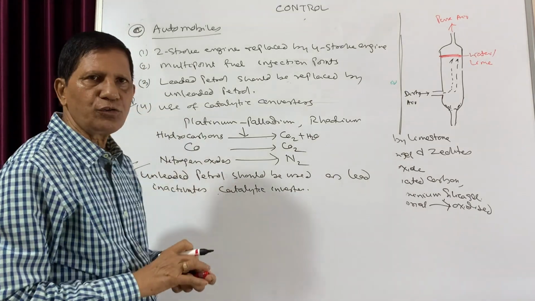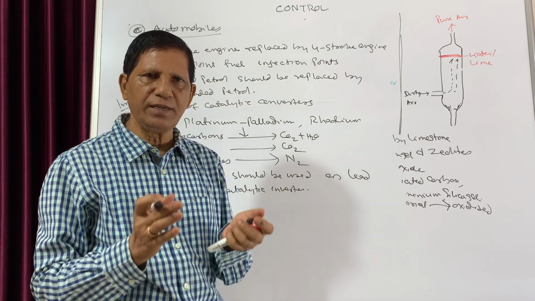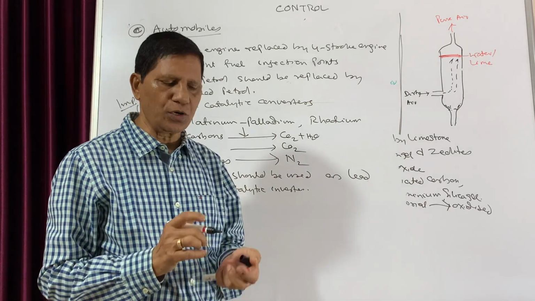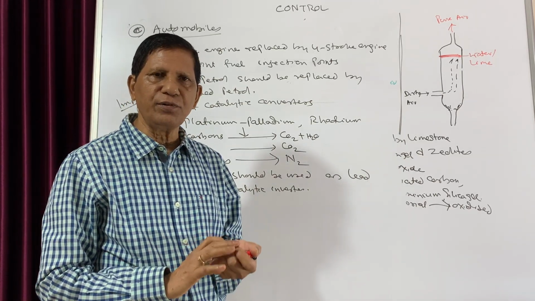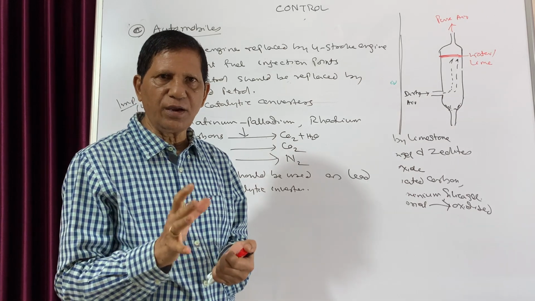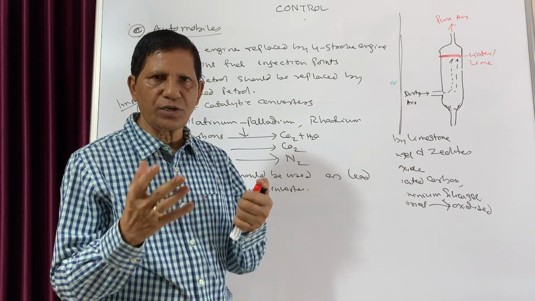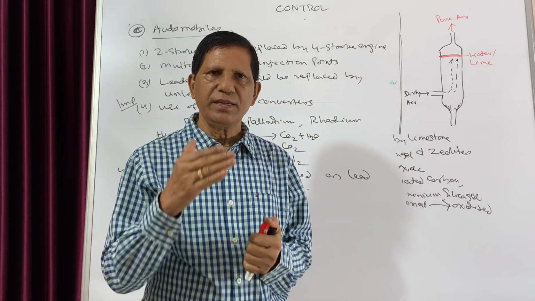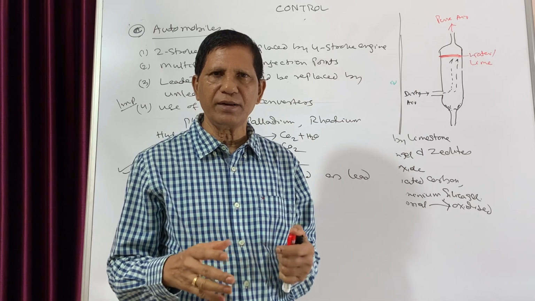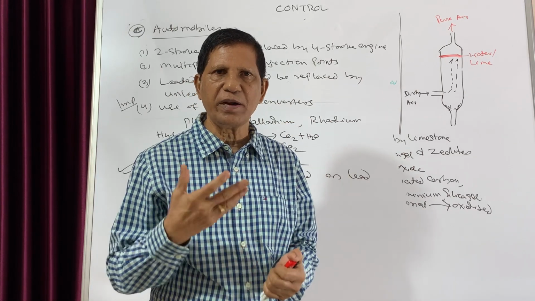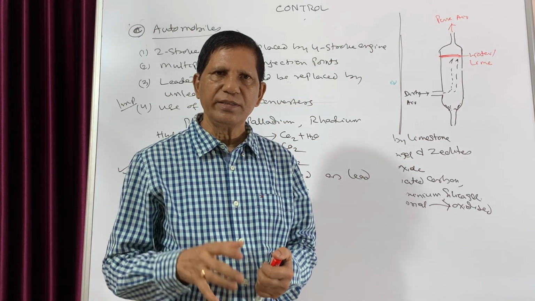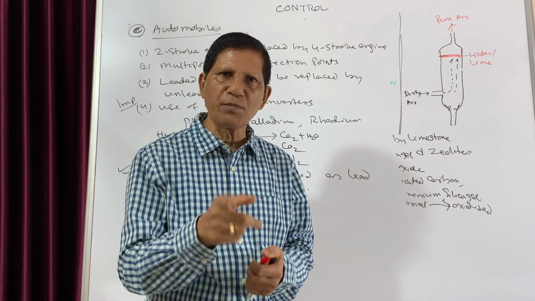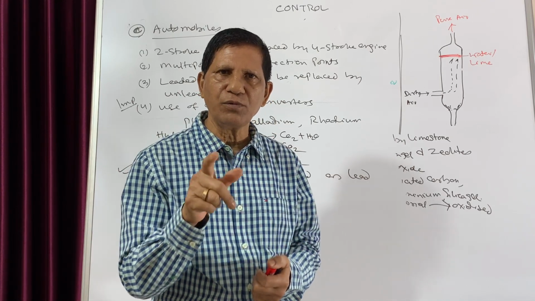So these are the three areas we have discussed: the particulate matter, the gaseous emissions from industries, and in the case of automobiles, how it can be controlled. Now let us take a case study of Delhi, how it was controlled there. Usually in the 1990s, the Delhites complained about irritation in eyes and respiratory problems, because the number of vehicles in Delhi is more than the sum of Gujarat and West Bengal.